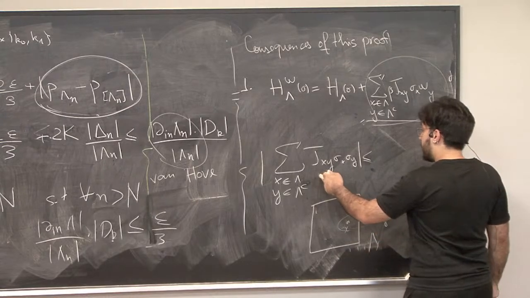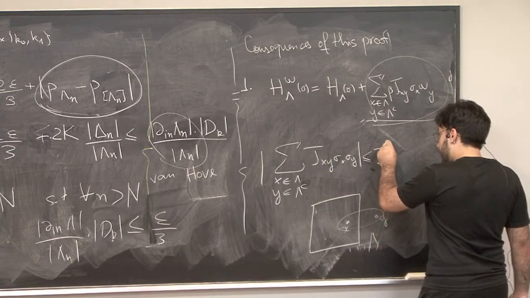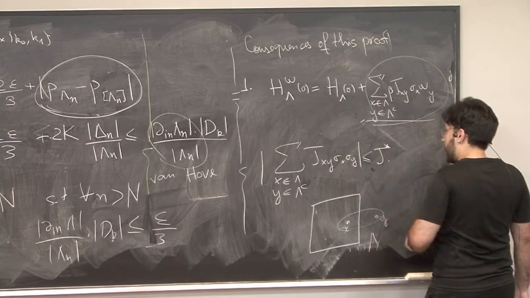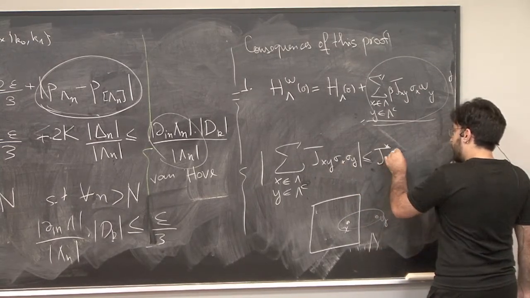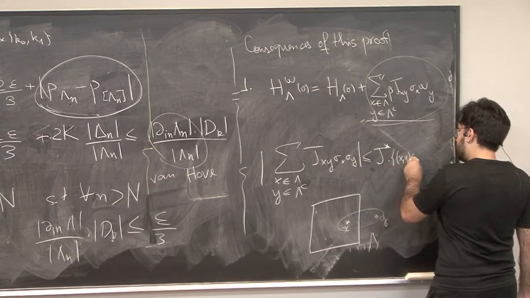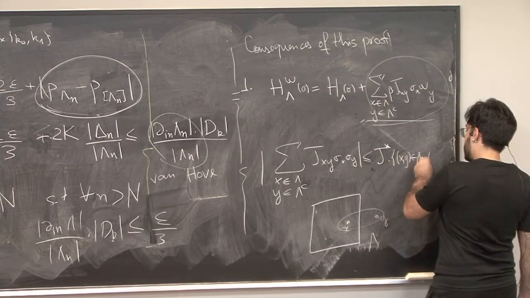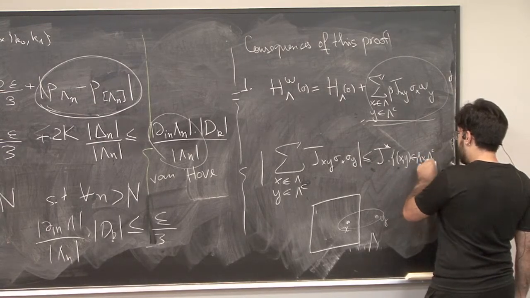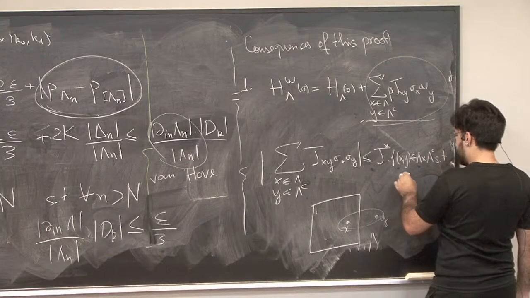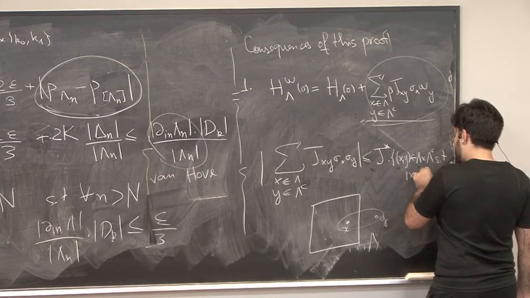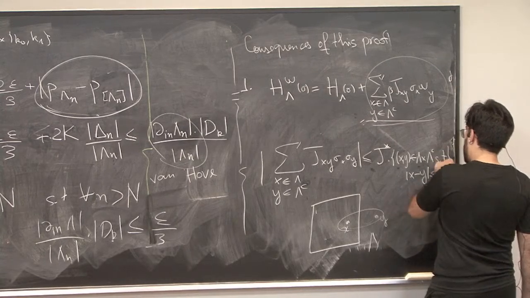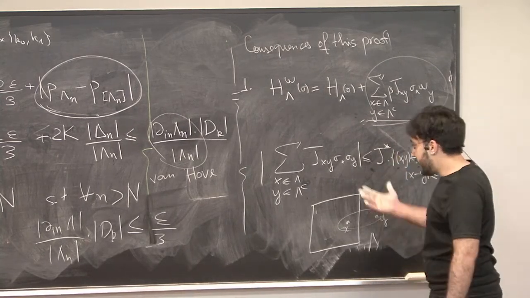So this sum can be upper bounded by j star, the supremum of this, times the number of pairs xy where one x is inside lambda and the other one is outside, such that the distance between x and y is less than or equal to r, where r is the range of the interaction.